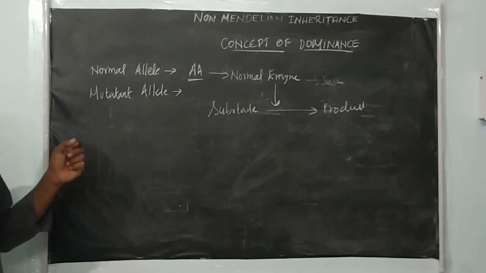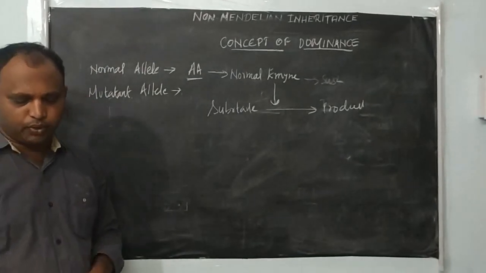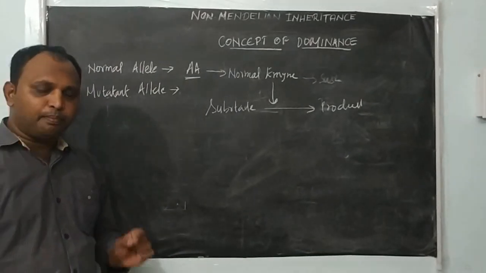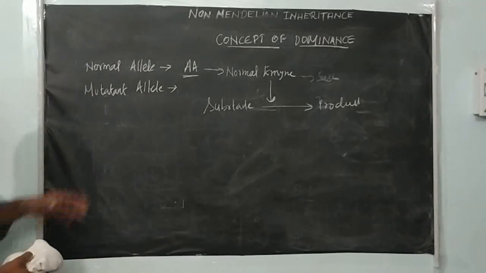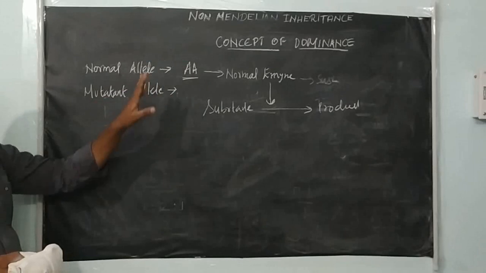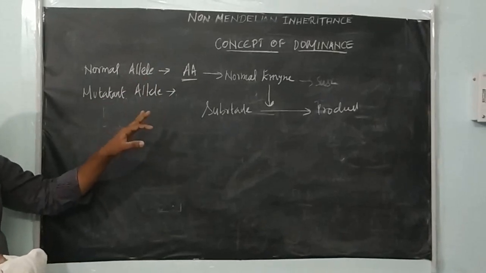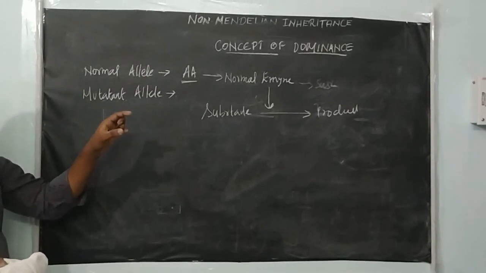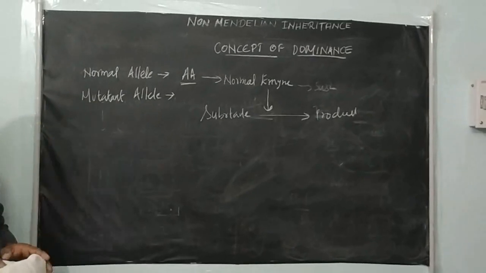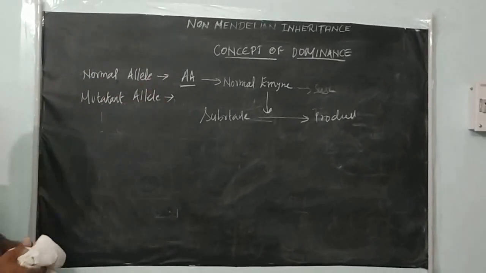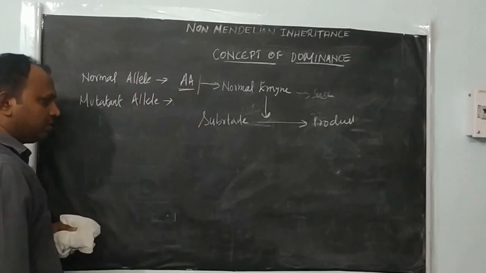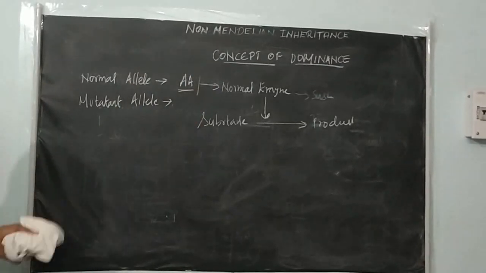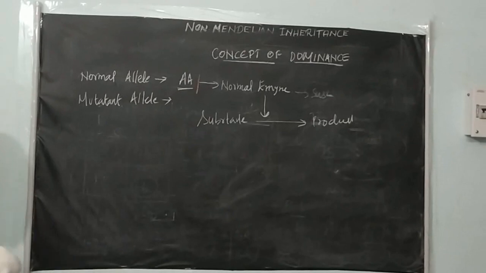If the allele is modified because of mutation, the mutated alleles are responsible for production of something different. This is a normal allele producing normal enzyme, the enzyme needed for the transformation of substrate into product. The normal allele may be in homozygous or heterozygous condition. If the normal allele is modified, it becomes a mutant allele.